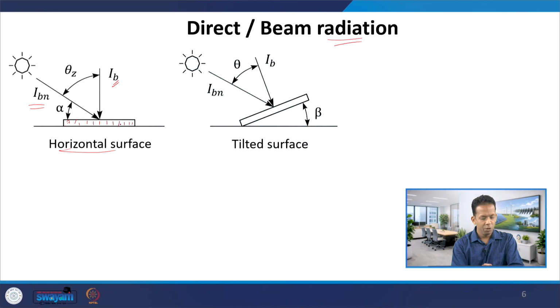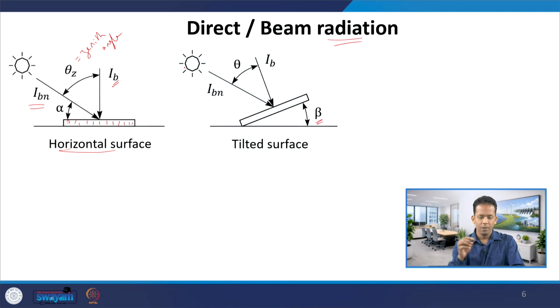Since it is coming from the perpendicular, the angle between the vertical and the position of the sun is called the zenith angle.